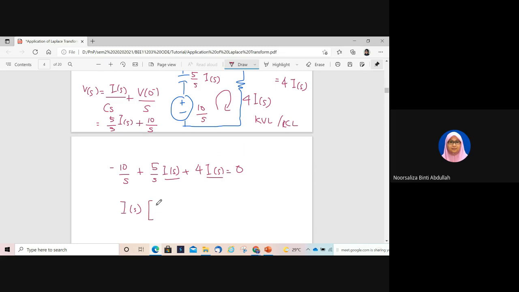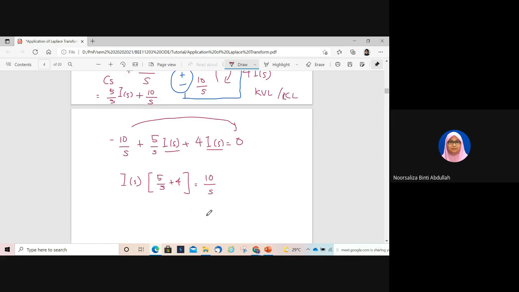So you will have 5 over s plus 4 times I(s) equals to, you bring this one to this side, 10 over s. Then I(s) equals to 10 over s divided by that.